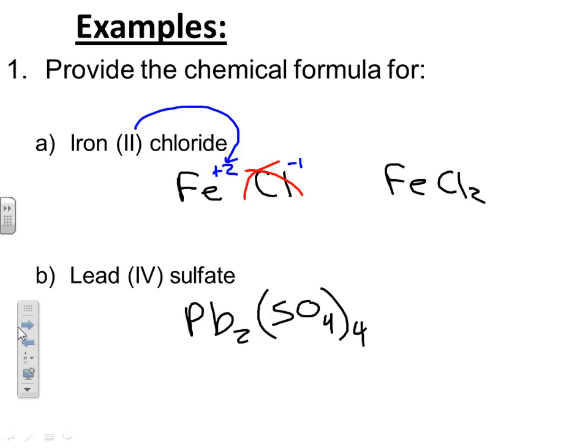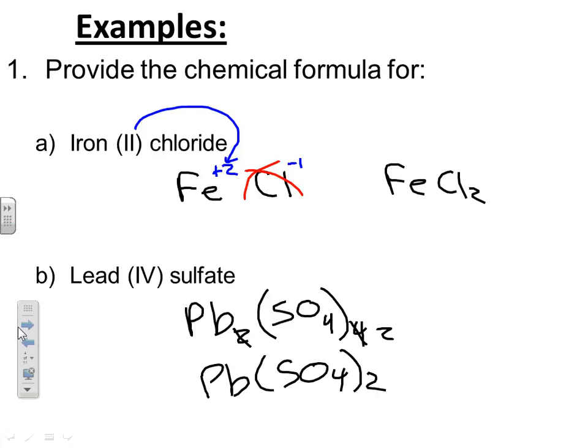Okay, so you took the 4, crossed it over, and the 2 and crossed it over. Is there a common factor in those numbers, 2 and 4? We can take out the 2. So then this is going to become a 1, which we don't write in, and this is going to become a 2. So the final is Pb(SO4)2.